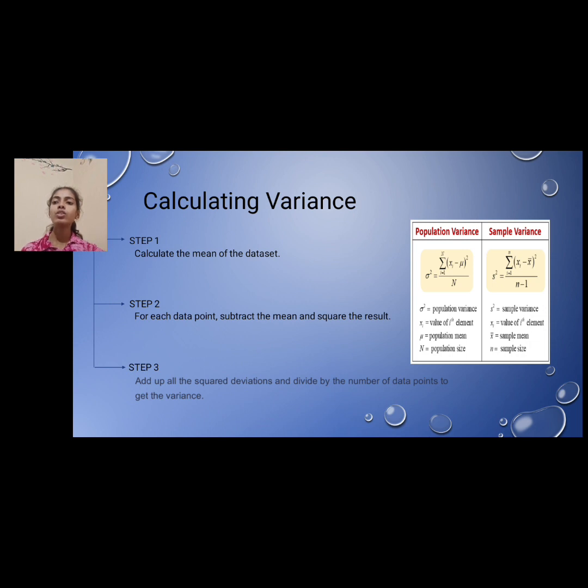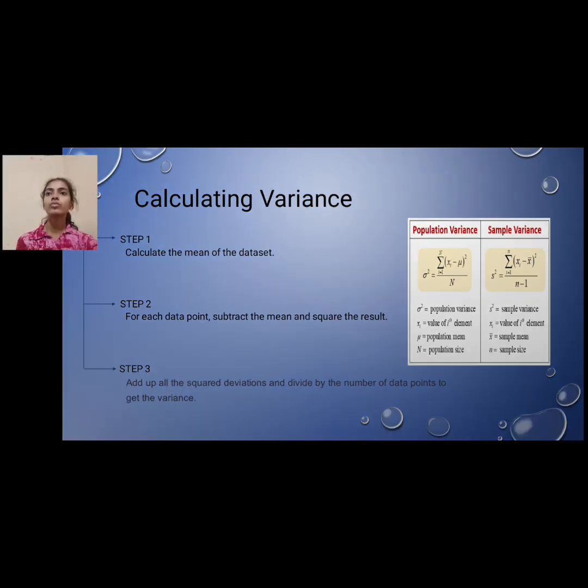S squared is equal to the summation of (x minus x-bar) whole squared, divided by n minus 1. In the equation, S squared is the sample variance and x-bar is the sample mean. N minus 1 in the denominator corrects for the tendency of a sample to underestimate the population variance.